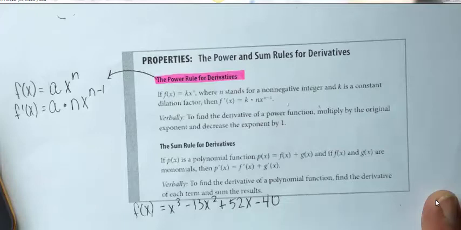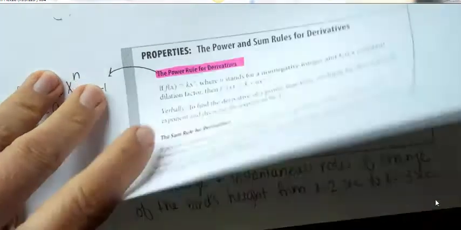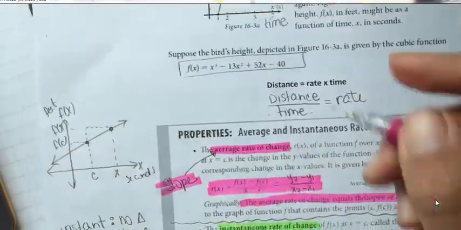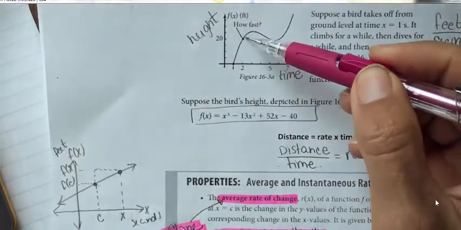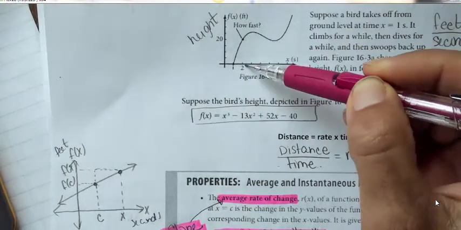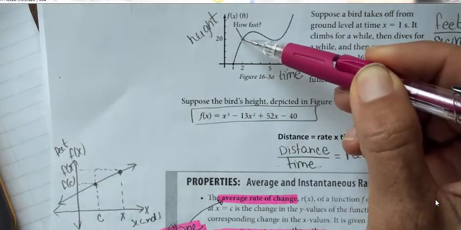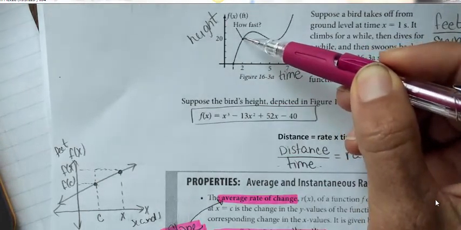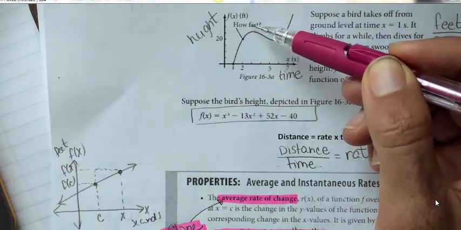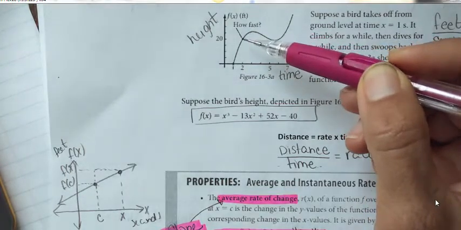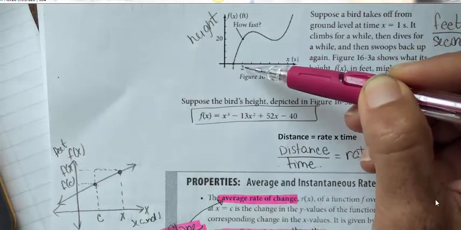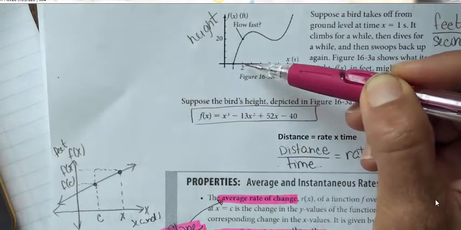And you wanted to figure out, at one point, the question was, how fast is the bird going at time being 2 seconds, right? So basically, we want the instantaneous rate of change. And now we've gone through this and figured this out a bunch of different ways. Numerically, by making a table of values where we get closer and closer and closer to 2, find those average rates of change and then the limits of those average rates of change.